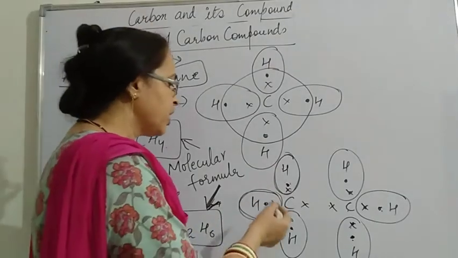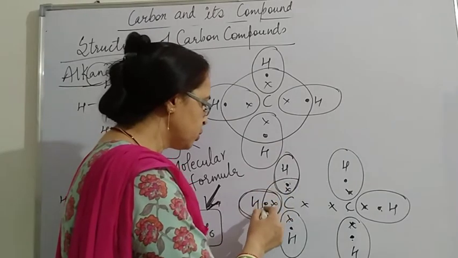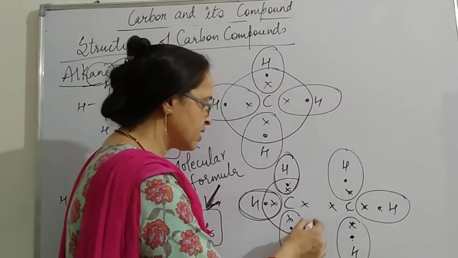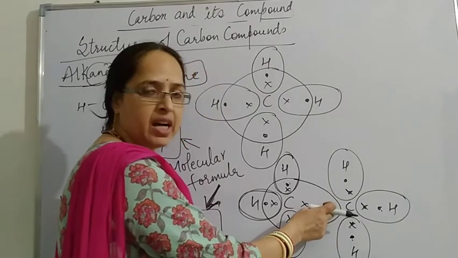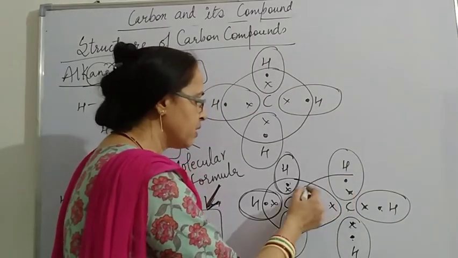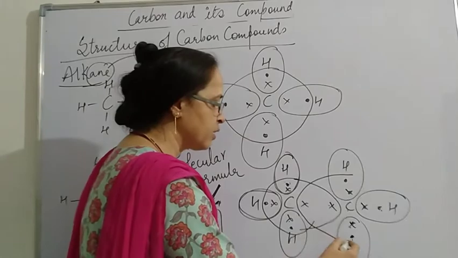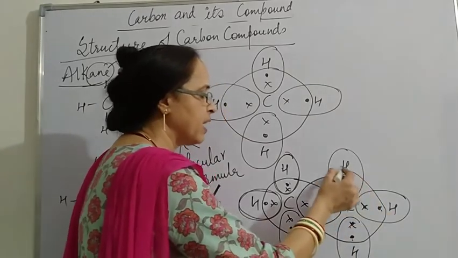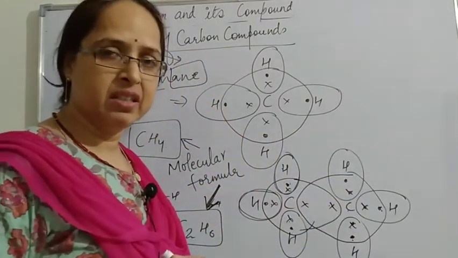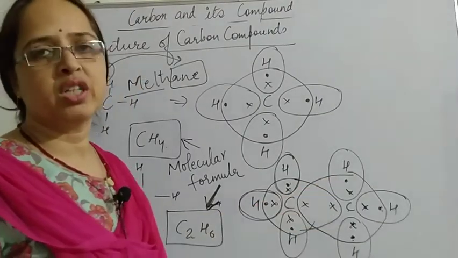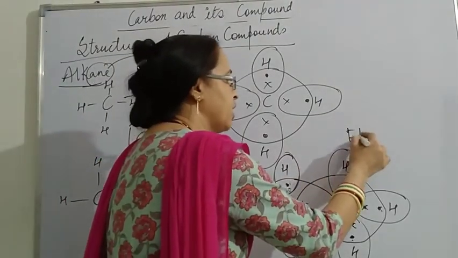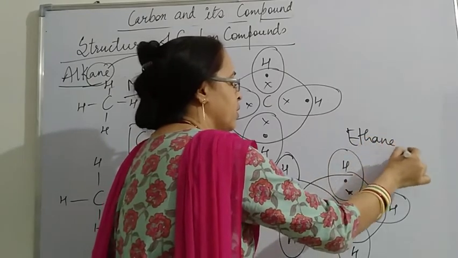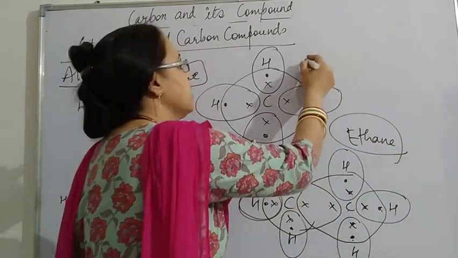Here you can see 2, 6, and now this carbon shares 1 electron of the other carbon. In the same way, this carbon will share another electron of the other carbon, and in this manner it will complete its octet. Now here we have the electron dot structure of ethane. This is ethane. And this one is methane.